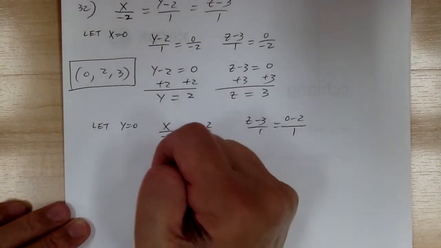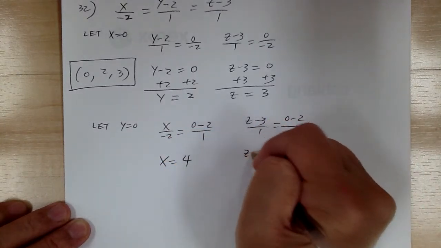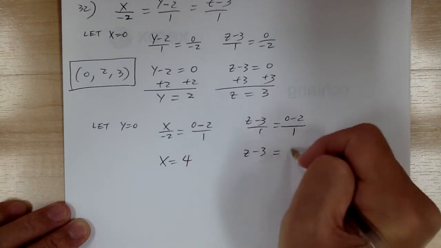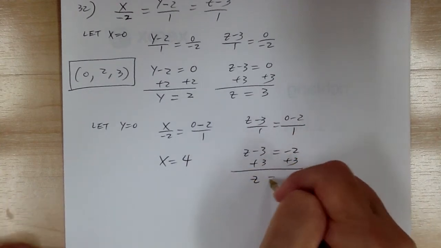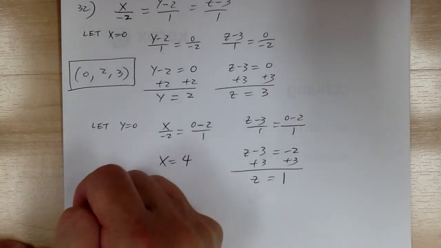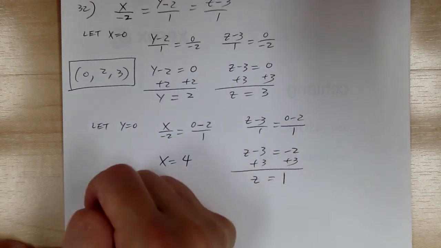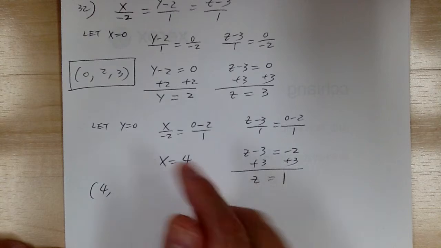So cross multiply, so x equals 4. Over here cross multiply, so you get z minus 3 equal to negative 2. So plus 3, you've got z equal to 1. Okay, so from here, your second point: what's your order for x, y, z? It's 4, 0, 1.